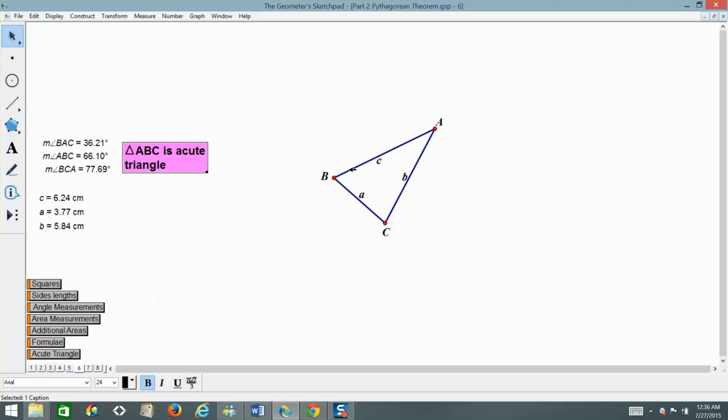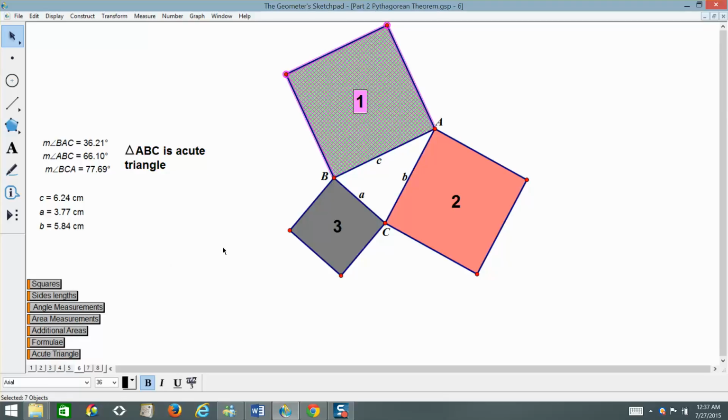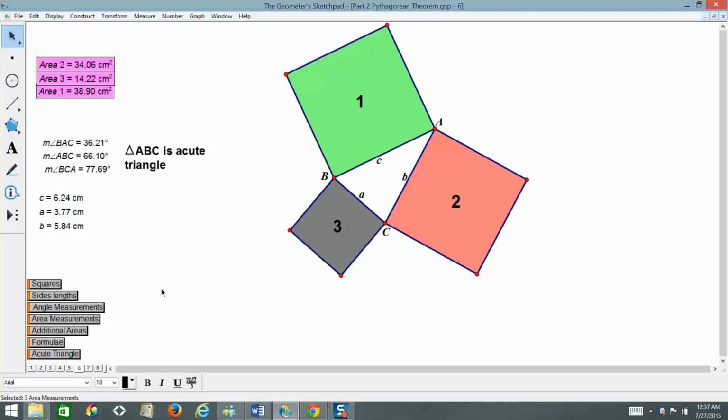Now I will draw a square on each side of the triangle like the previous one. And then I will also measure these areas. Look at this. The square 1 is the biggest.